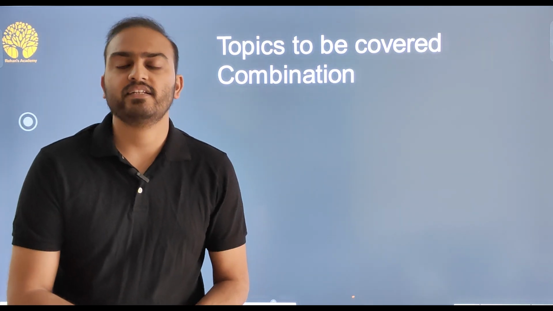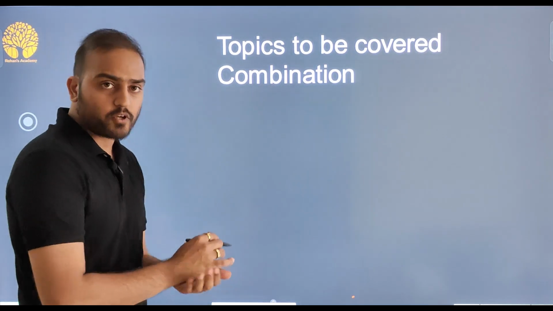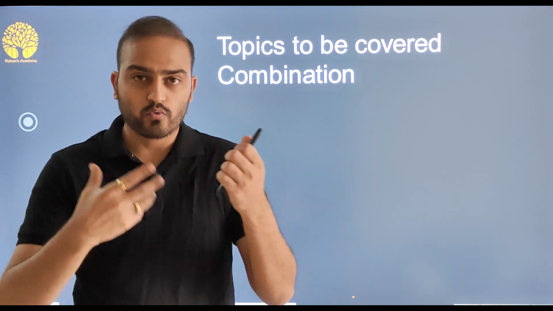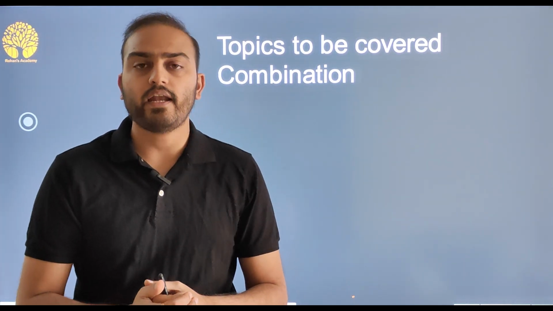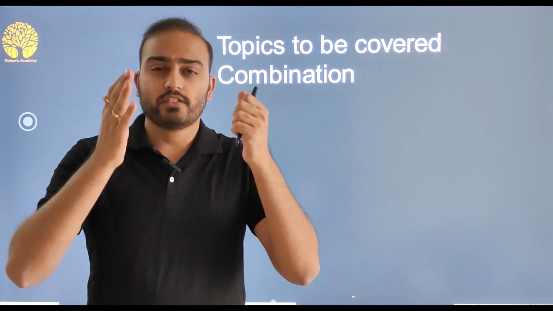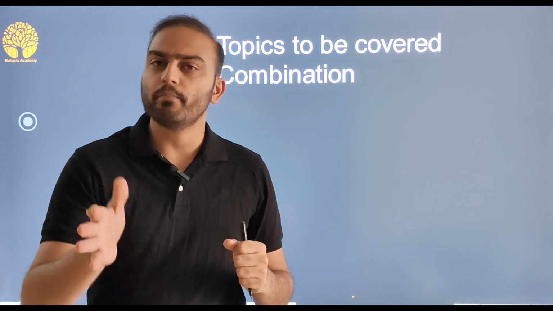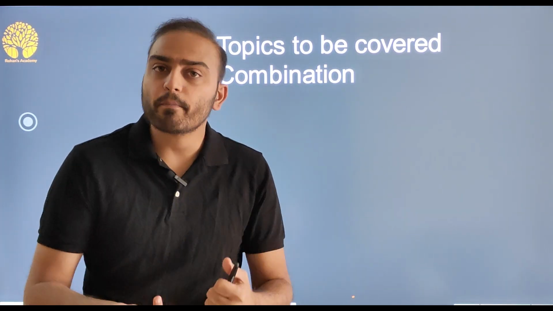Alright guys, so this brings us to the end of the video. I hope you were able to understand the concept of permutation. More importantly, the fear of what is permutation, what is combination, I hope that goes away. Remember, it's all about mental clarity. 50% of the question is solved mentally. You need to understand when to apply permutation, why to apply it.